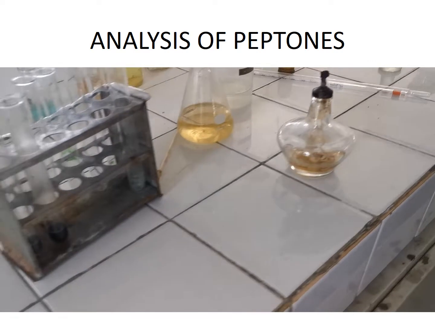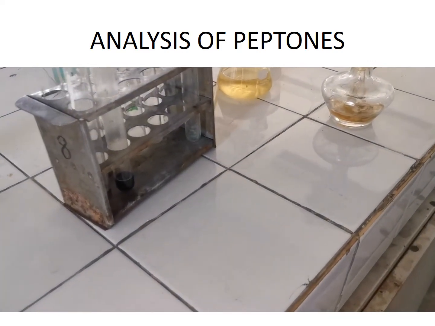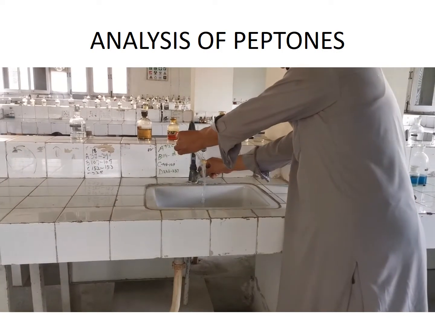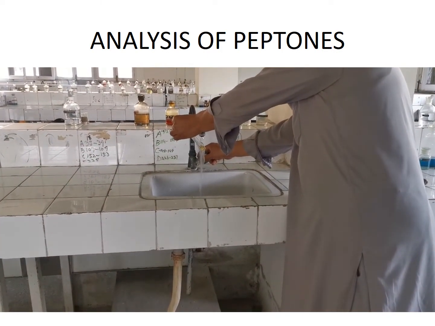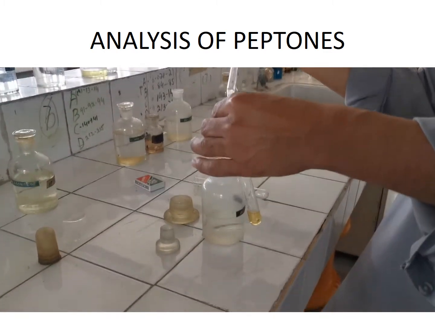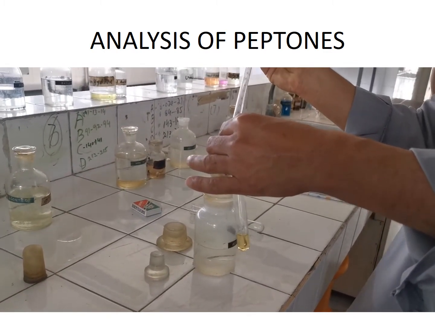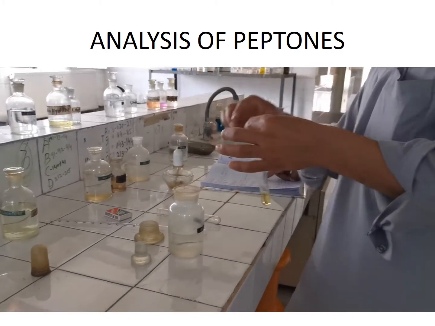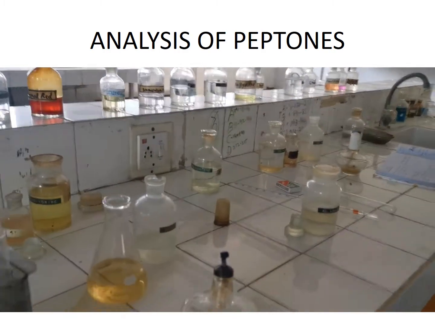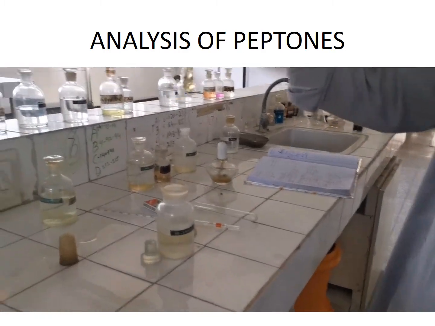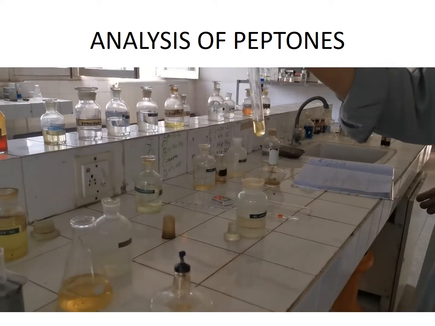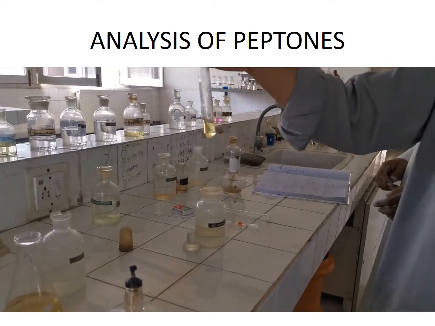After cooling it for some time, we'll add few drops of aqueous ammonia. Yellow color precipitates are seen. This shows the presence of aromatic amino acid.